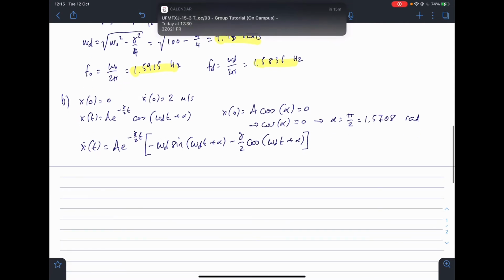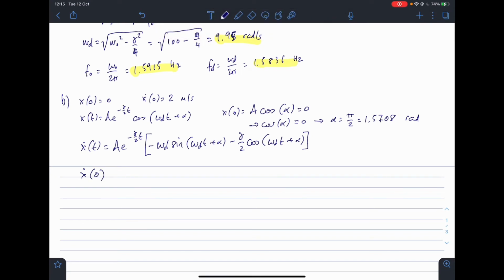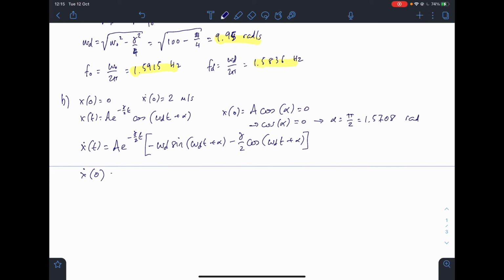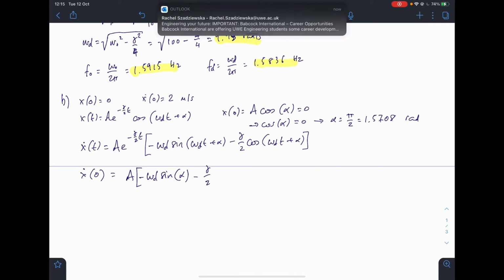And so we then find x dot of 0. That's A e to the 0, times minus omega d sine of alpha, minus gamma upon 2 cosine of alpha.